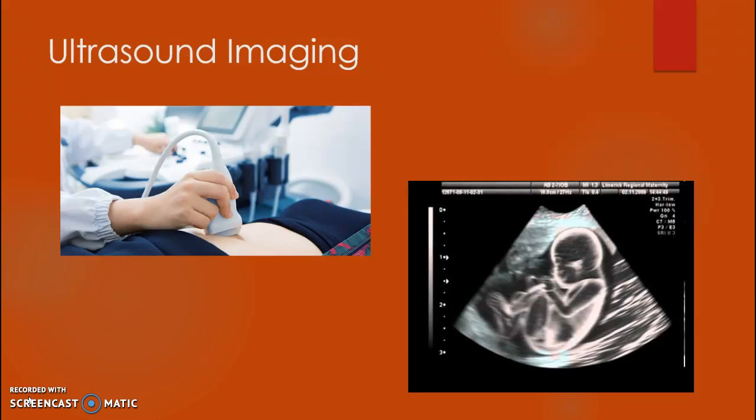It can be used for OBGYN imaging. It can be used for cardiovascular imaging, abdominal imaging. They do biopsies with this imaging. And all it is is sound waves being sent through the body at a very fast speed.